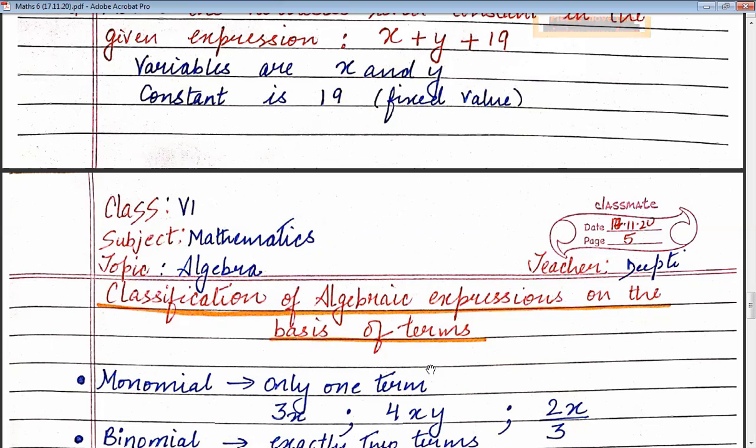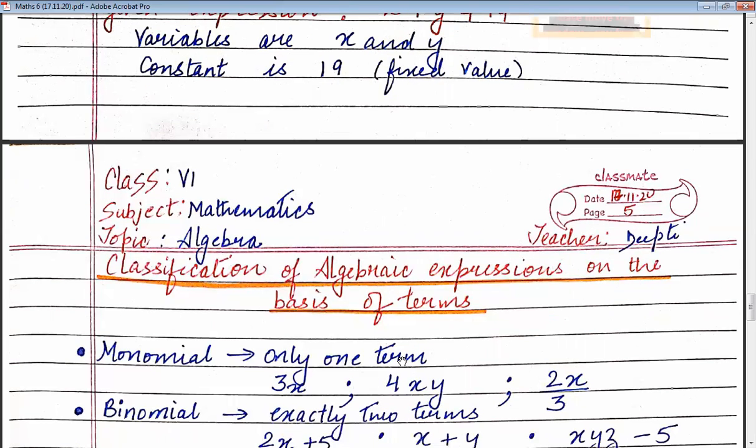Now let's have a look at the next one. Binomial. Exactly two terms. Children, when in an algebraic expression we have two terms connected with a positive sign or negative sign, then they become terms.